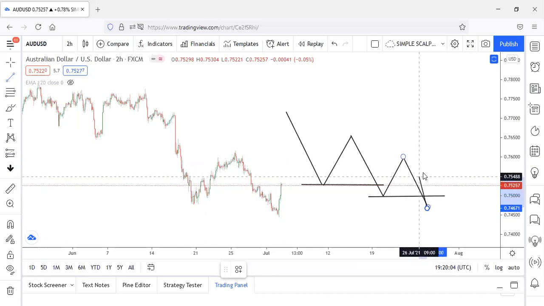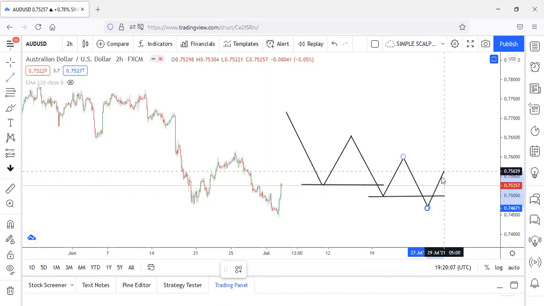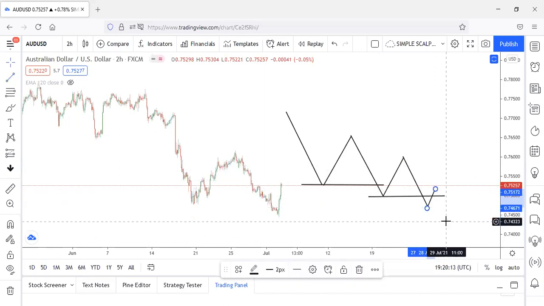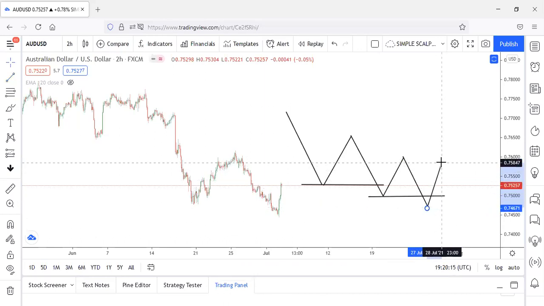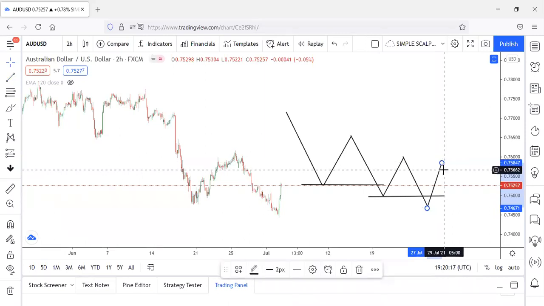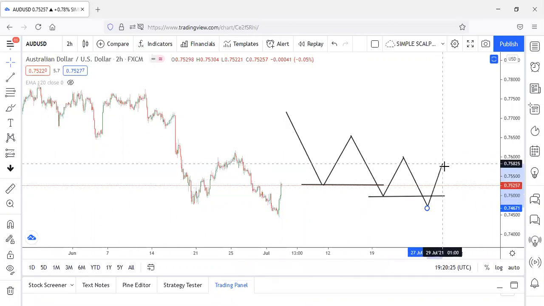But how can we be sure how far this is going to travel? We never know if this is going to be as short as this or as long as this. We can never ever tell. But we can determine how far this is going to travel with the help of Fibonacci.